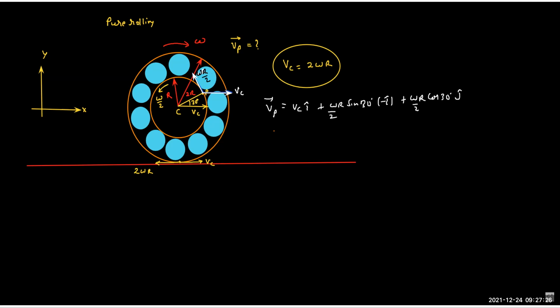So now just need to substitute the value. So omega r by 4, how much is this?